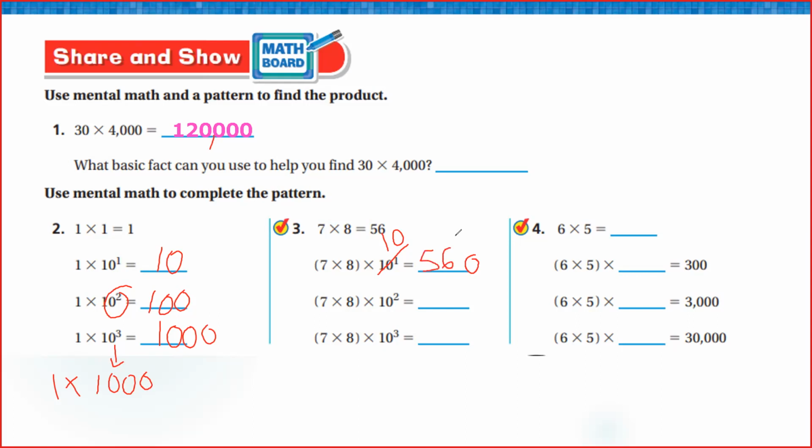Now here, 10 to the power of 2. Yalla, 10 to the power of 2. Yes, Huriya, 10 to the power of 2 is what?